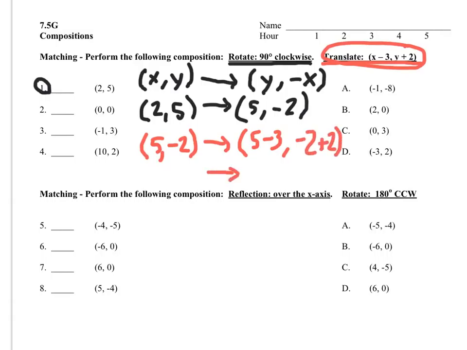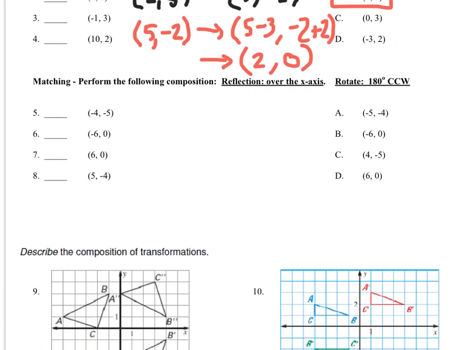Which then simplifies to 5 minus 3 is 2, and negative 2 plus 2 is 0. Take a look at our list, and that is choice B, 2, 0. So the point 2, 5, after rotating 90 degrees clockwise, and then translated 3 units left and 2 units up, becomes the point 2, 0.